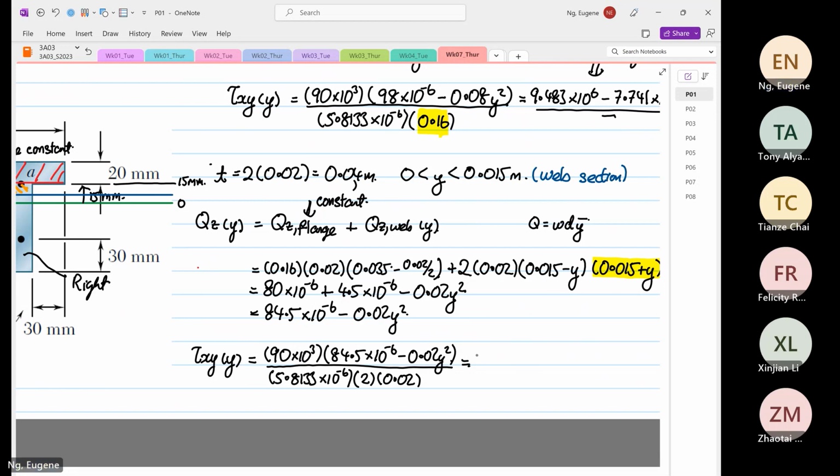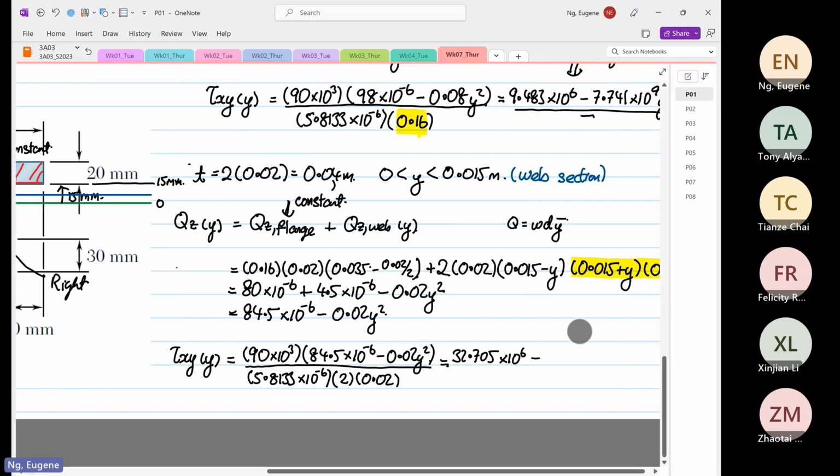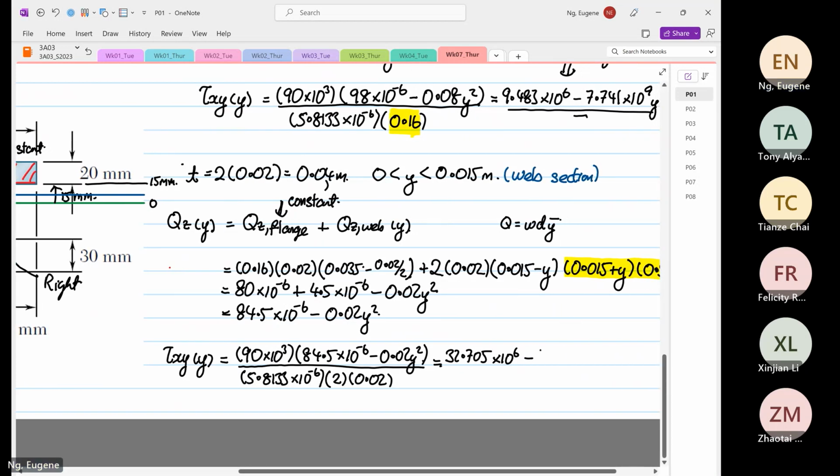So it's 32.705 times 10 to the power 6 minus 7.741 times 10 to the power 9 y squared.